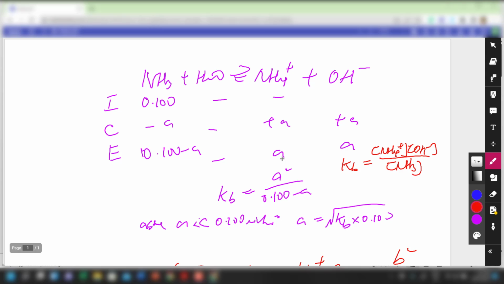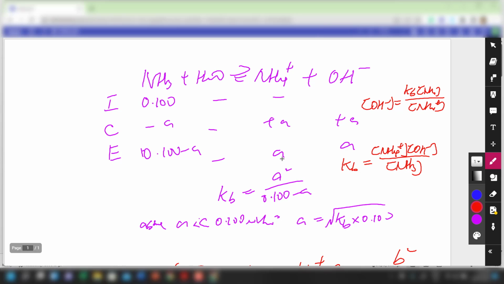So therefore, the concentration of OH minus essentially is a ratio between ammonia and ammonium. So that's KB multiplied by ammonia divided by ammonium. So we need to have this formula in mind. And this is the concentration of OH minus. So we need to input this into our cell.